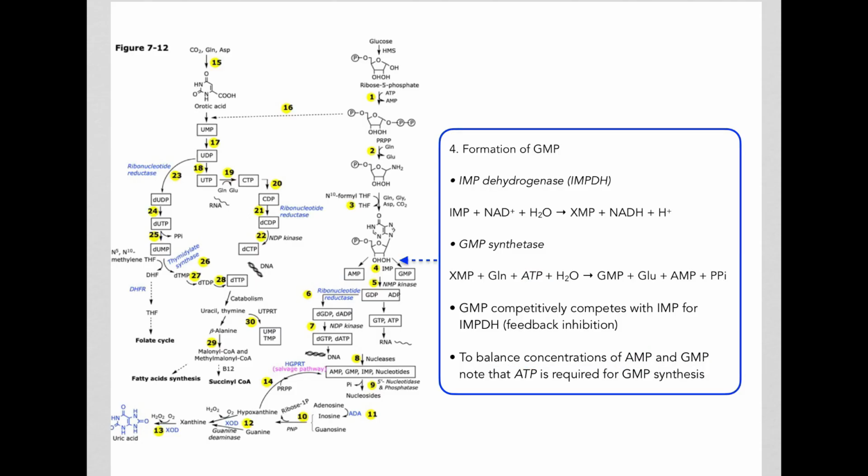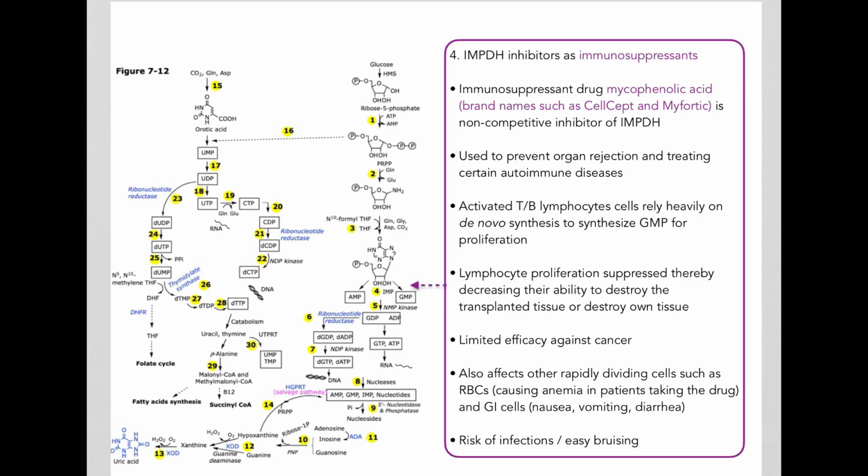Now let's look at a connection with pharmacology, and that involves this enzyme IMP dehydrogenase, which makes IMP into XMP, and then that XMP is converted into GMP. There are drugs that can inhibit IMPDH, and these drugs are often used as immunosuppressants. So for example, the drug mycophenolic acid, it's a non-competitive inhibitor of IMPDH.